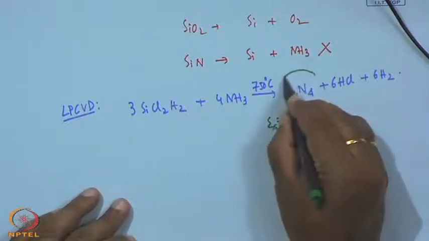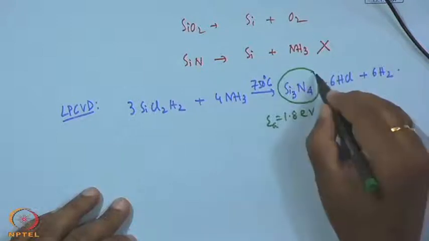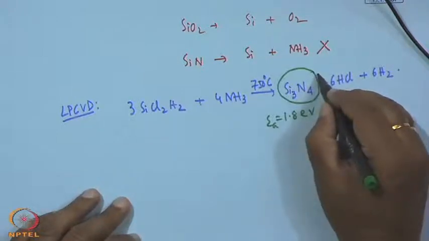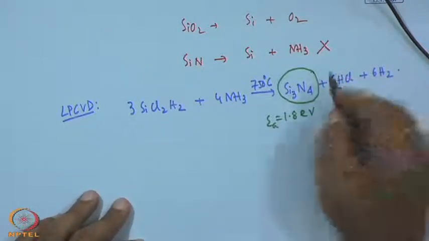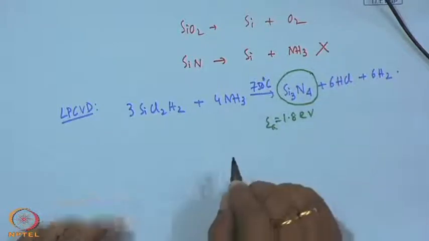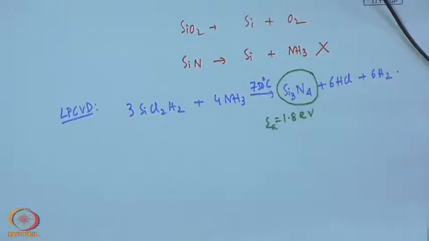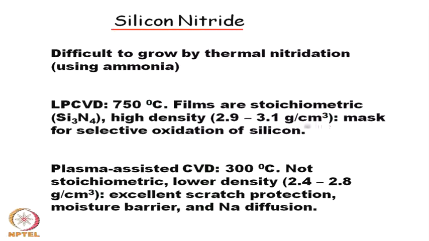This silicon nitride Si3N4 is basically stoichiometric, and because it is stoichiometric, we can write the formula as Si3N4, and it is high density, 2.9 to 3.1 gram per centimeter cube.